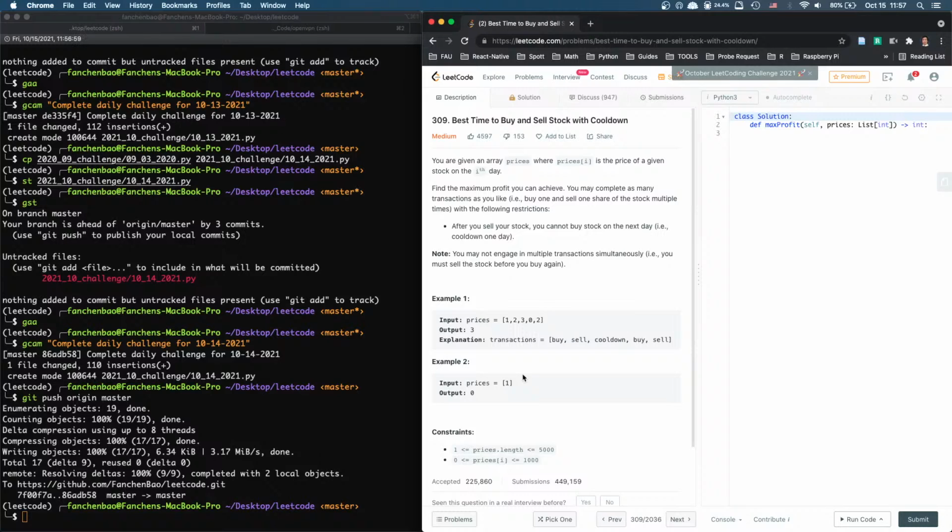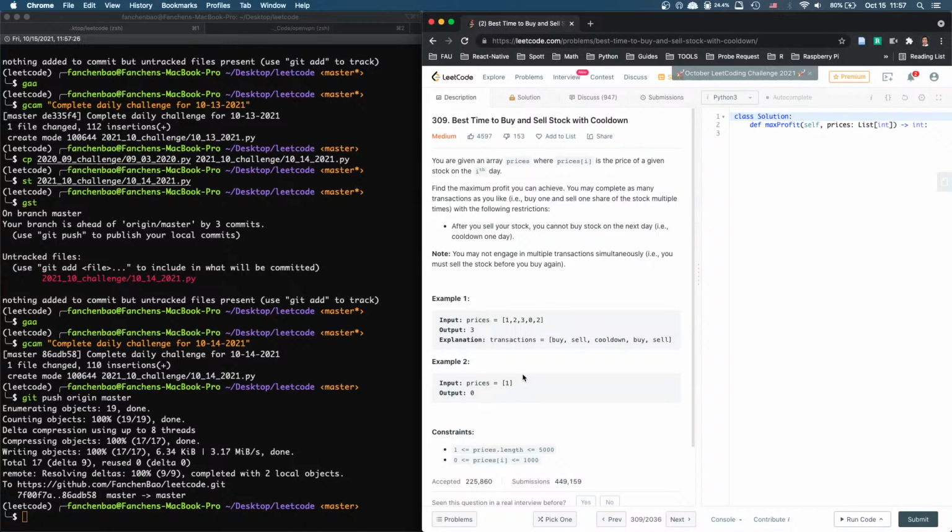For the holding state, first one is going to be, if we want to maintain a holding state, so we stay in itself. Alright, so nothing changes.